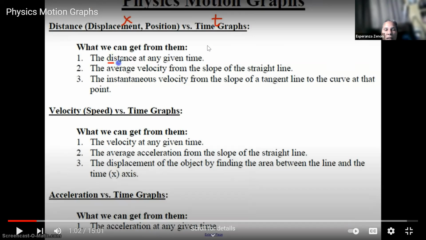Well, he started off by looking at an object that's at rest, and what do those graphs look like? And then let's take a look at a graph where the position or the distance is changing, and if it's changing uniformly, then you will have a velocity versus time graph that's linear, but the acceleration will be 0 in that case.